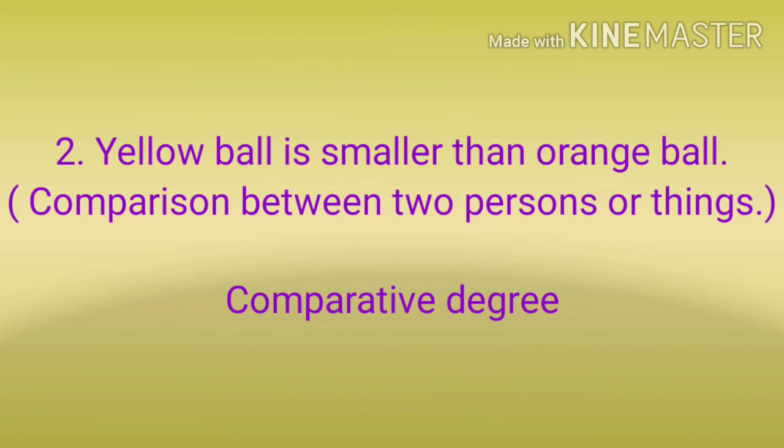Small को हमने convert कर दिया smaller में, and we have added one more word, that is THAN. When we are comparing 2 things, we use the word than. So हमने यहाँ पर एक तो adjective में ER लगा दिया, and we have added one word THAN for the comparison among 2 persons or things.